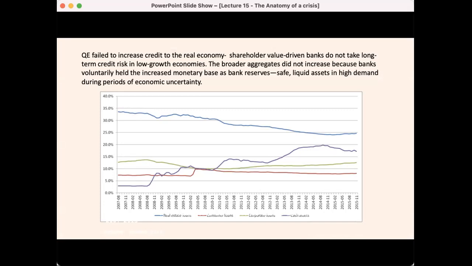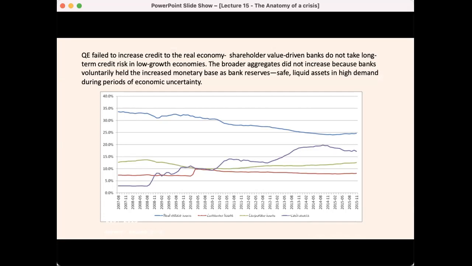So this analysis looks at the state of bank balance sheets in the US during this period of quantitative easing and concludes that QE failed to increase credit to the real economy.